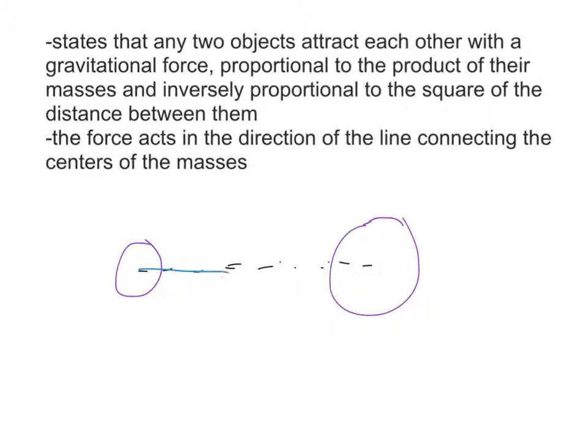You're going to have the gravitational force acting in this direction, so towards the center of, I guess, their center of mass as they're rotating each other. As long as something has a mass, it's going to have a gravitational force. So everything is attracted to everything else by this force of gravity. And this is not to be confused with weight, it's just a gravitational attraction.